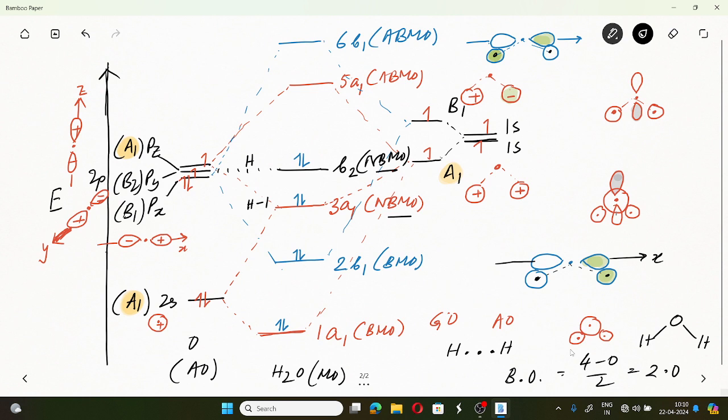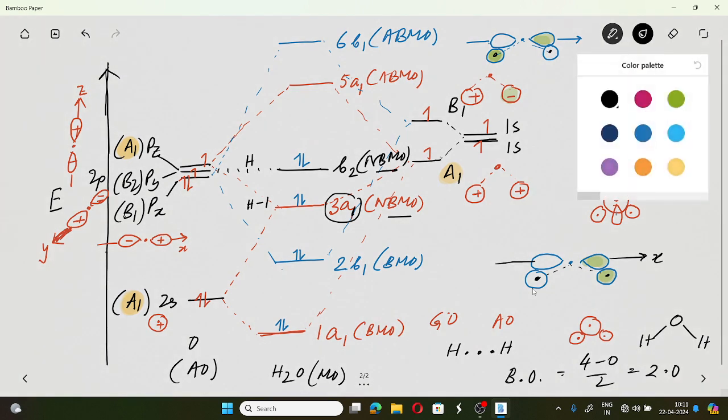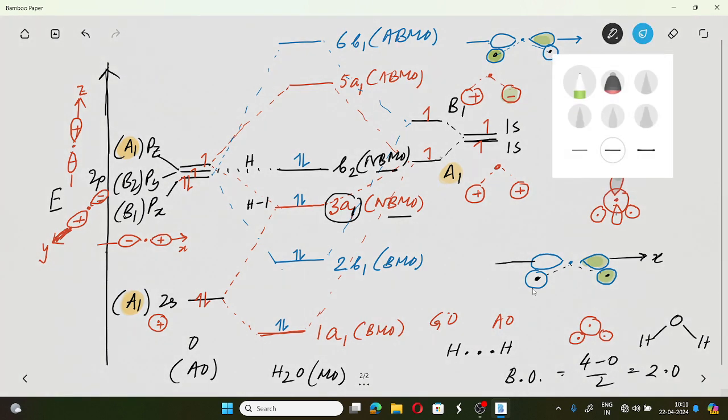Now normally, as you know, these pairs of electrons in non-bonding molecular orbitals behave as lone pairs, isn't it? So we can say these are lone pairs, and if you look at these orbitals, first of all this 3a1, it has greater contribution from which side?